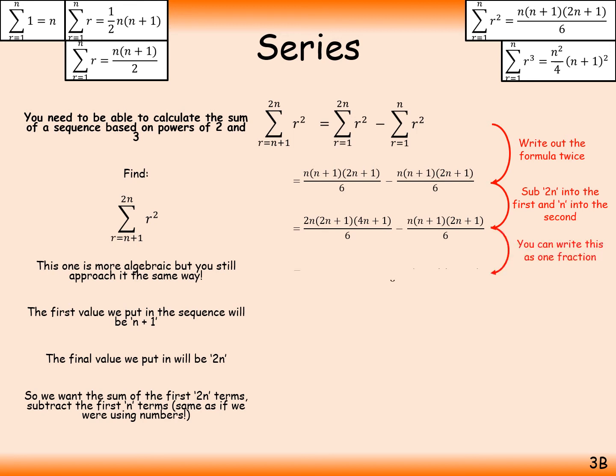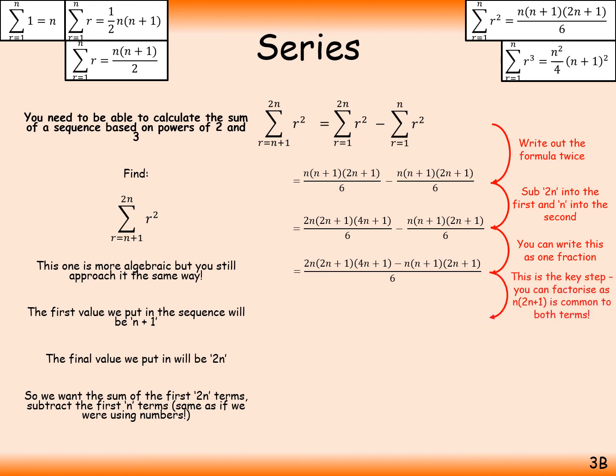Okay, so we could write this as one fraction, this all over 6. And this is the key step. You can factorize n, 2n plus 1 is common to both terms. So if we take this out here, and then we'll introduce a square bracket so we don't get confused with so many other brackets. So we'll have 4n plus 1, and for the next one we'll have minus n plus 1.